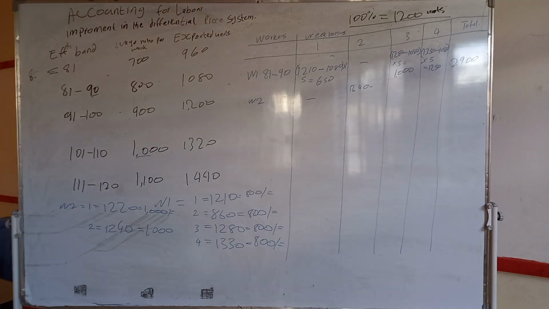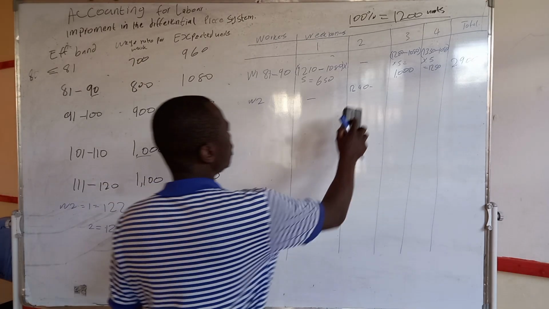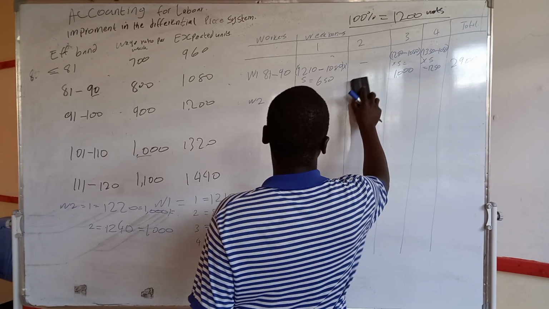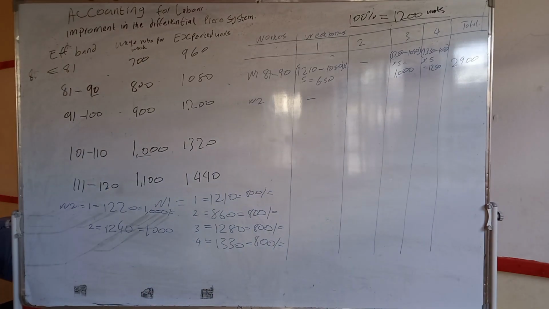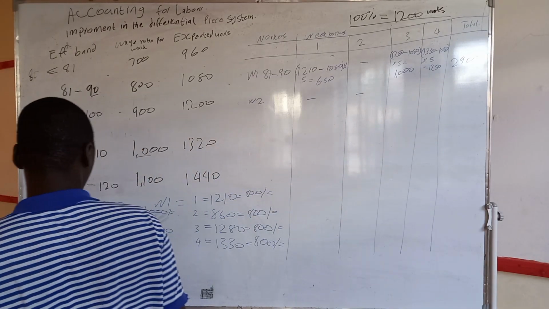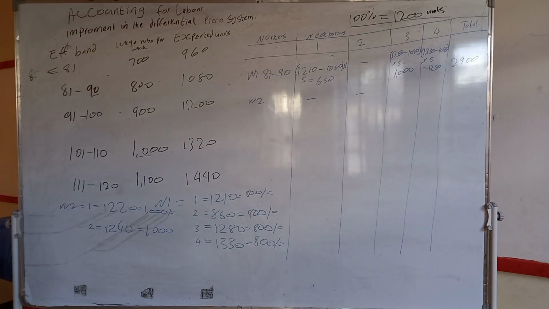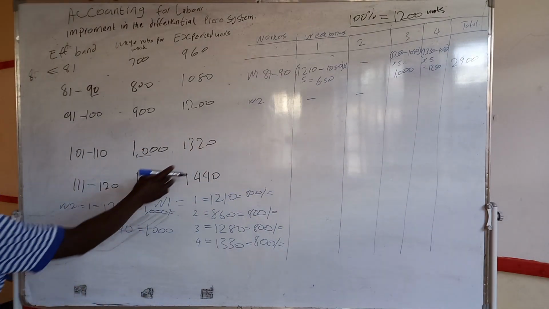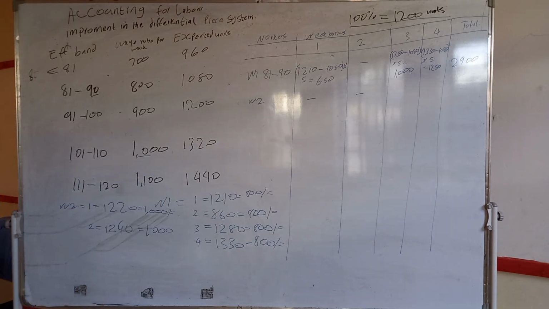In week 2 also he didn't surpass, so it's nil. This is 1,300, this is 1,240, so it goes below.